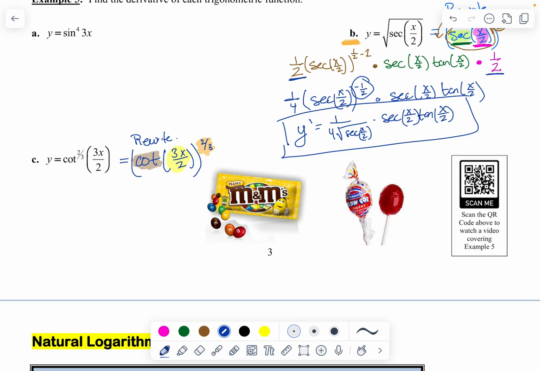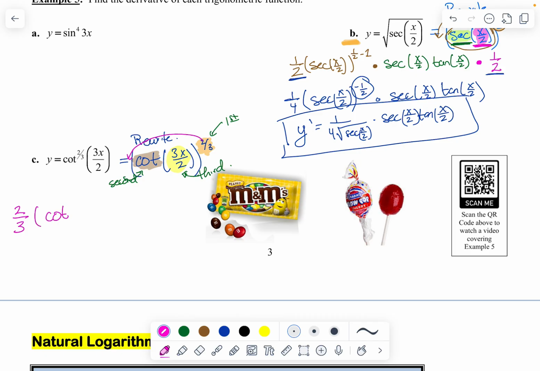So when it comes to the chain rule, we're going to derive this guy first, this guy second, and this guy third. Okay? So let's go ahead and do that. The first thing I'm going to do is bring that 2/3 down.